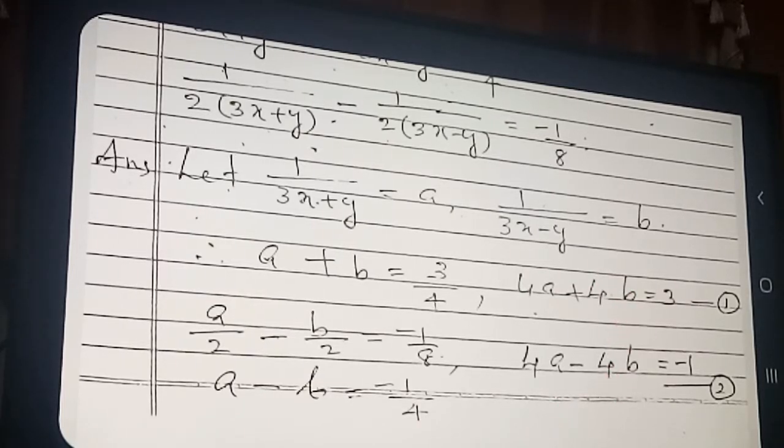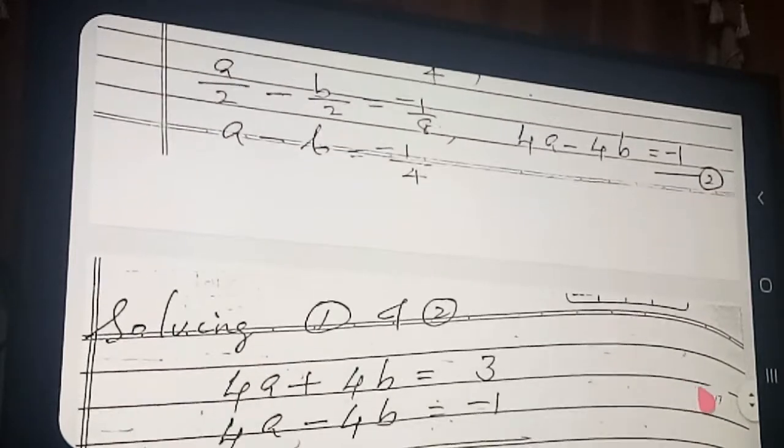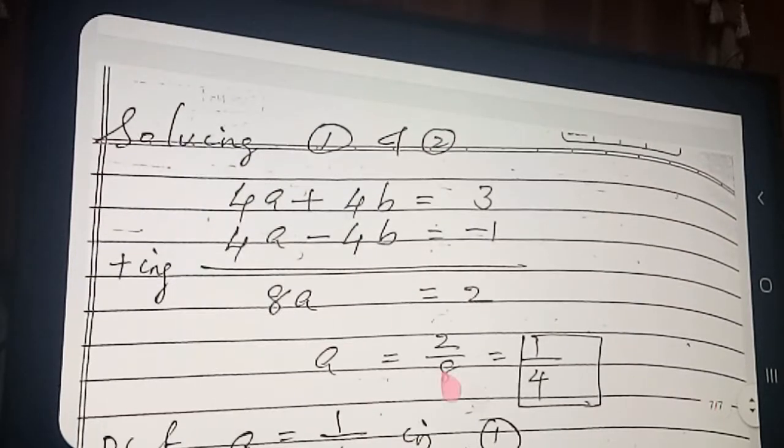Okay. Now we will solve equations 1 and 2. See the next step. Solving 1 and 2. 4A plus 4B is equal to 3. 4A minus 4B is equal to minus 1. So here 4B, here minus 4B is there. So what we done here? Adding the terms. Opposite sign coming, we will add always.